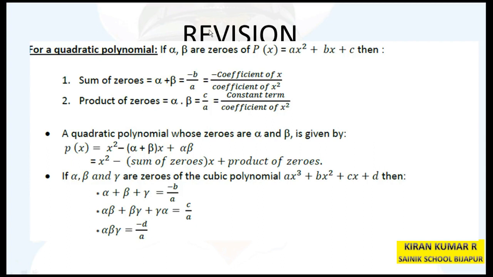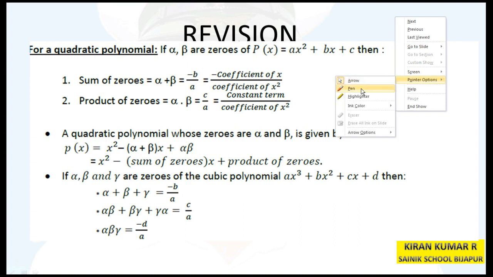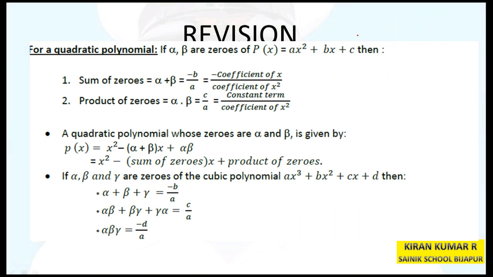We have also learned in our discussion the relationship between the zeros and the coefficients and constants of a given polynomial. For a quadratic polynomial, there are 2 zeros.